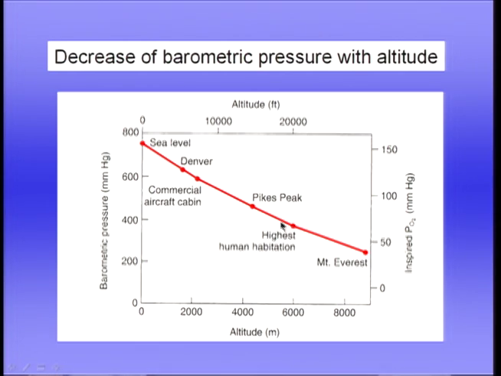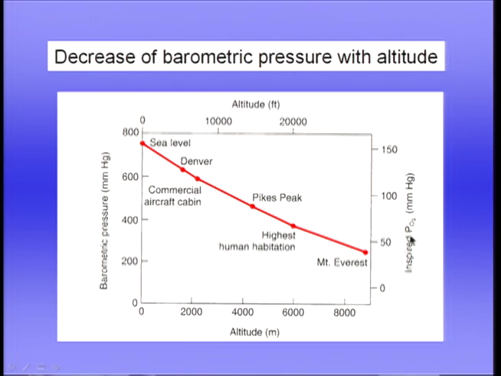People live as high as a little over 5,000 up to nearly 6,000 meters. And Mount Everest has a barometric pressure of about 250 and therefore a very low inspired PO2. And here are the inspired PO2 values. Of course, they're obtained by taking the barometric pressure, subtracting the 47 millimeters of mercury for water vapor pressure, and multiplying by the oxygen concentration of 20.9%.